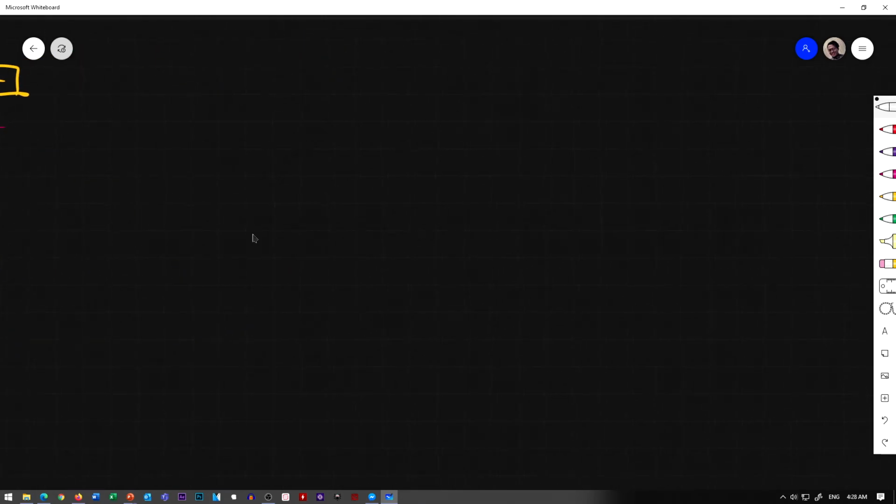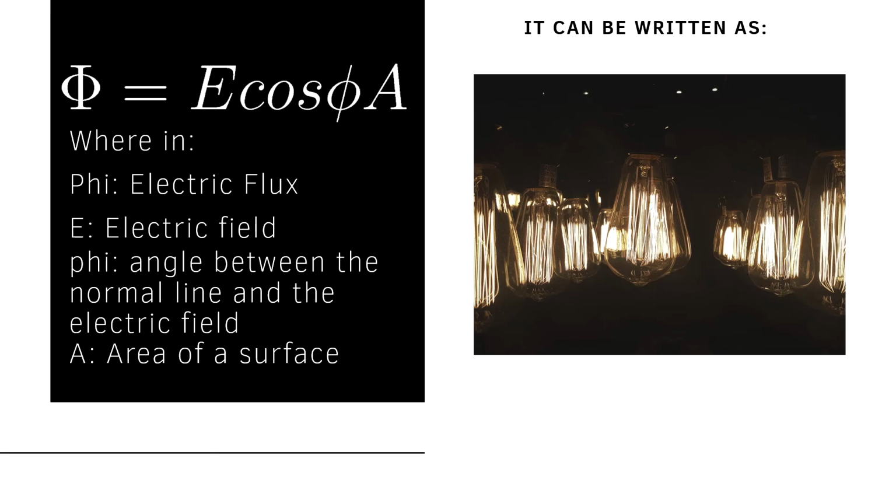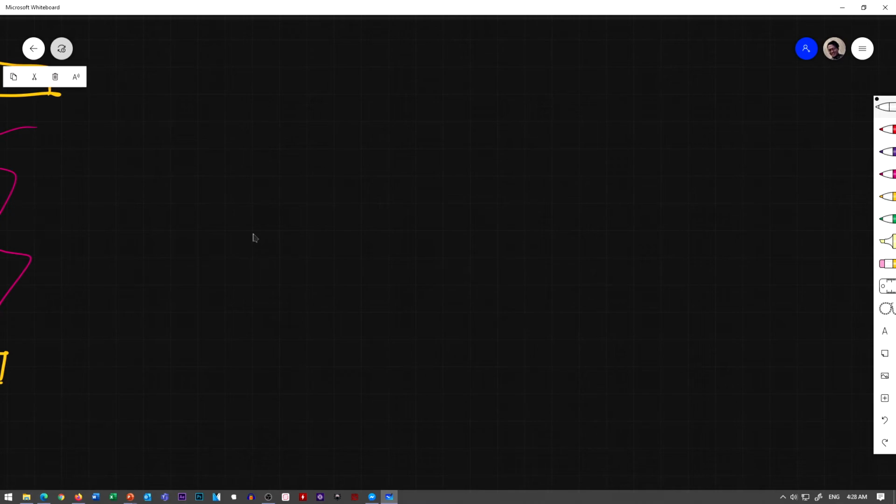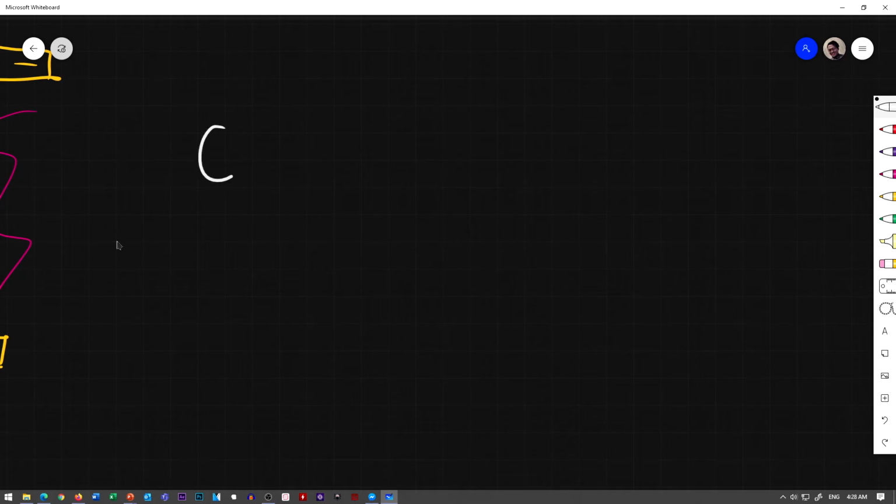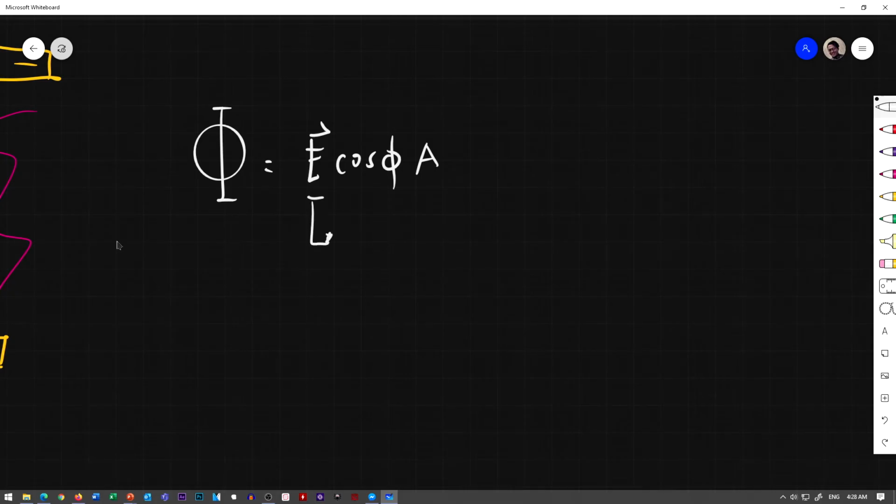Okay, so let's continue. Mathematically, electric flux is defined as this. It can be written as capital Phi equal to electric field E cosine small phi, multiplied by the area A. This E is, of course, the electric field that's passing through the surface.